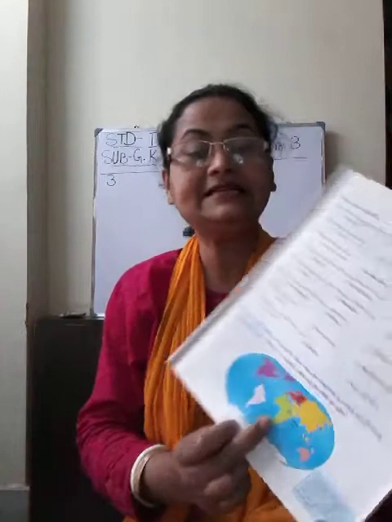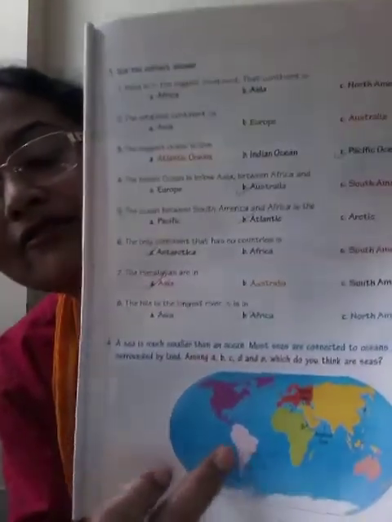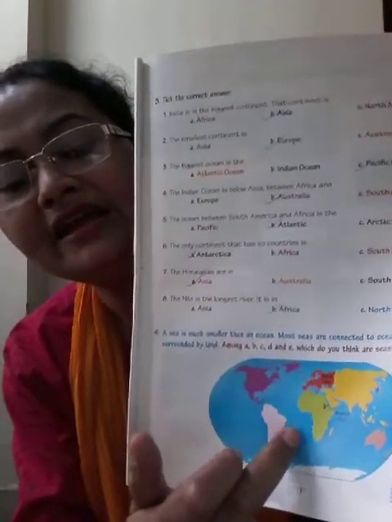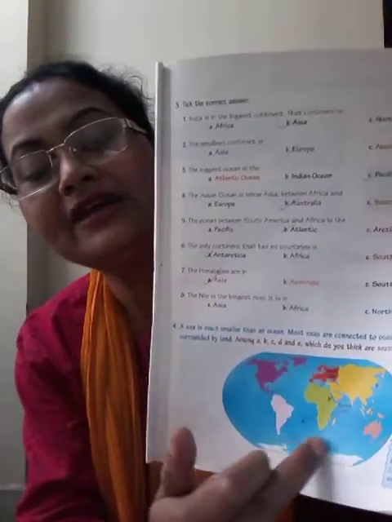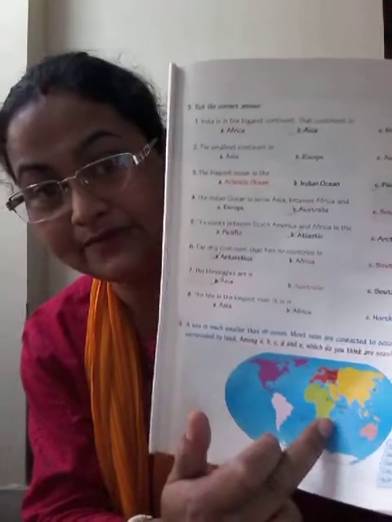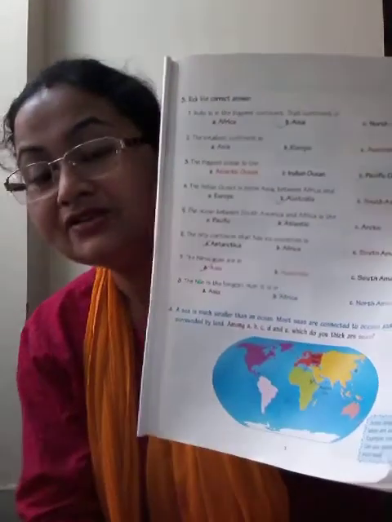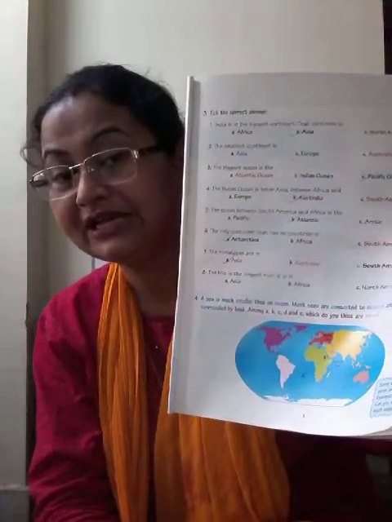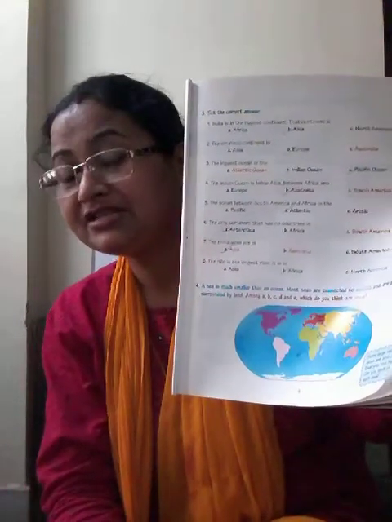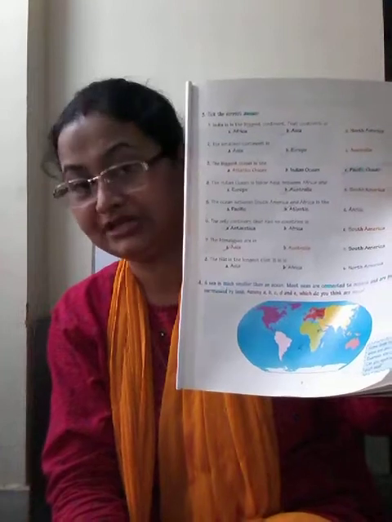But D, see, D is not a sea. Why? You cannot see any land part around it, and it is showing a very large blue part, isn't it? So it's an ocean. It is not a sea, because we know that seas are much smaller than oceans.